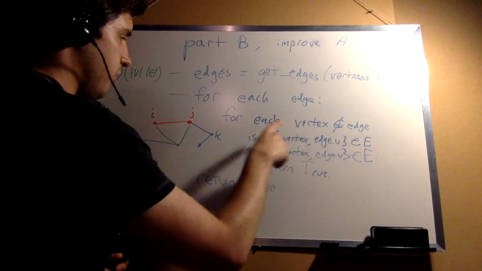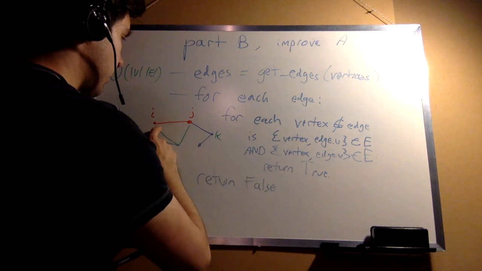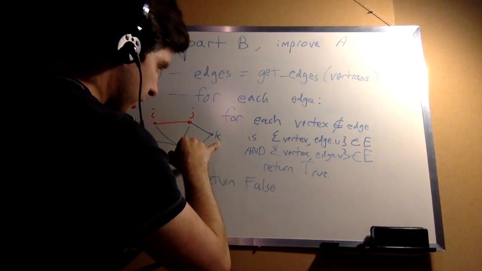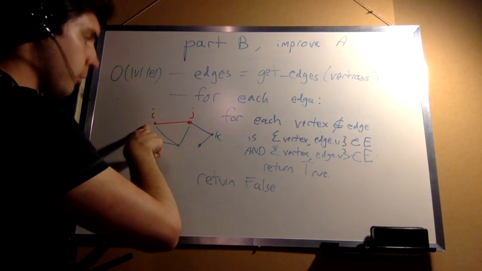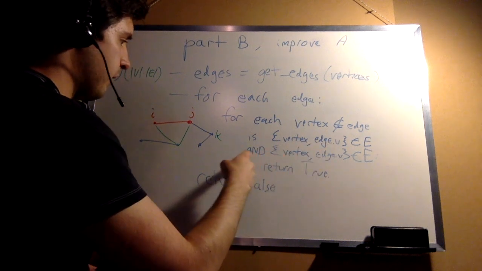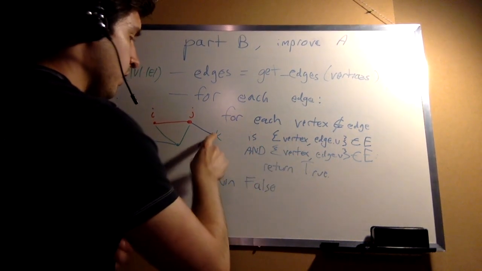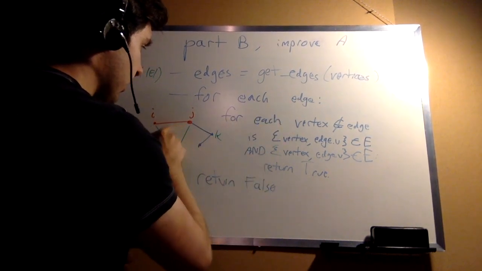Is there an edge between the vertex and the first part of the edge? No, there is not, but we'll go to the next part of the condition anyway. There is an edge between the vertex and the other side of the edge that we're considering, the red one here.